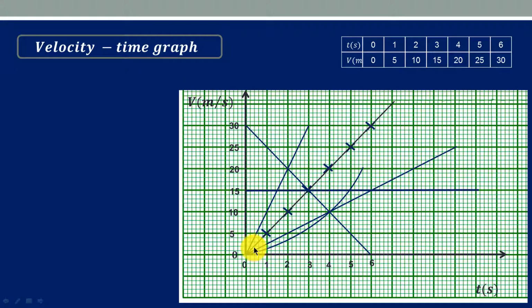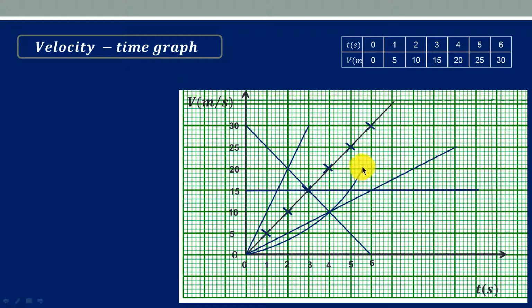For example, here, the velocity was increasing by 5 meters per second every second. Here it was increasing by 2.5 meters per second every second. While here, it was increasing by 10 meters per second every second. Here, it is decreasing by 5 meters per second every second. The fact remains that in this graph, this graph, this graph, this graph, the velocity is changing, and it is changing uniformly.